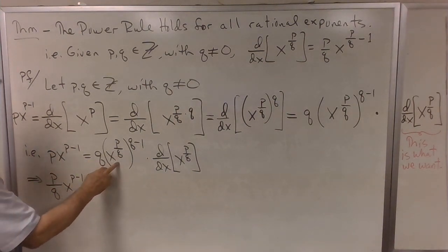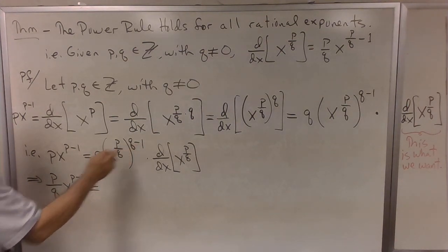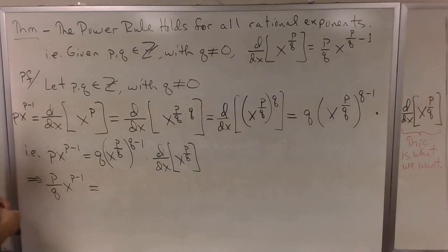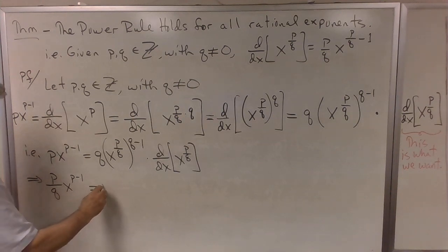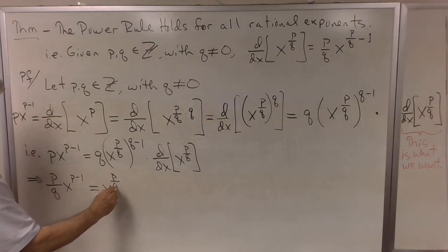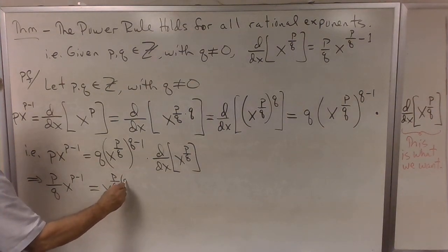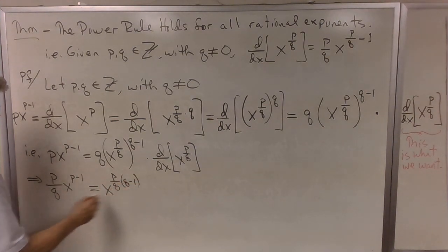I have something raised to a power, that whole thing raised to a power. So these should multiply. So I'm looking at x to the P over Q times Q minus 1.